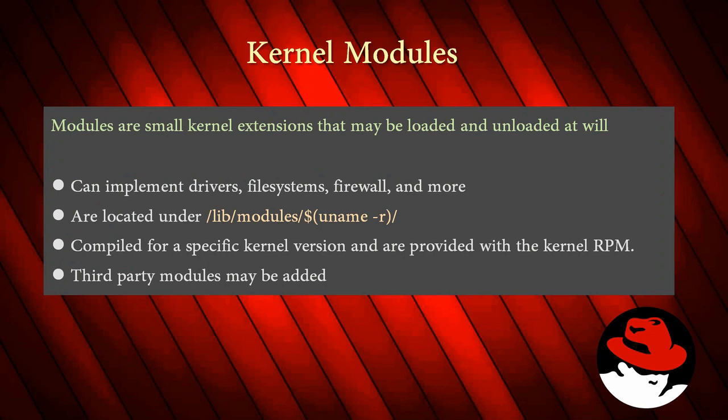The third-party modules may be added, but they are not preferred. You should be concerned about security. If you are dealing with a server environment, you must be careful by installing third-party modules on kernel. You can install third-party tools or utilities on your system, but do not prefer to install third-party modules on kernel.